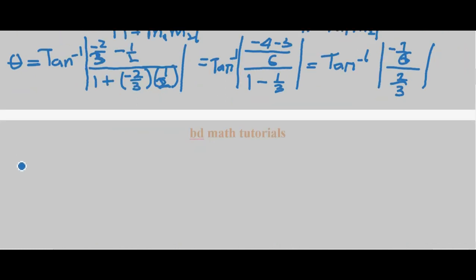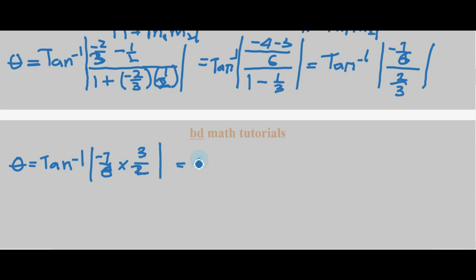So we have our angle theta is equal to arctan of the absolute value of minus 7 over 6 times 3 over 2.